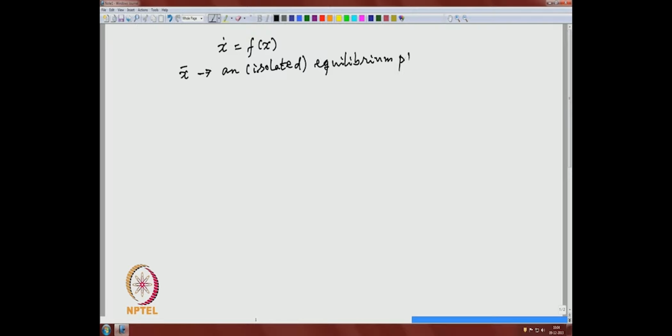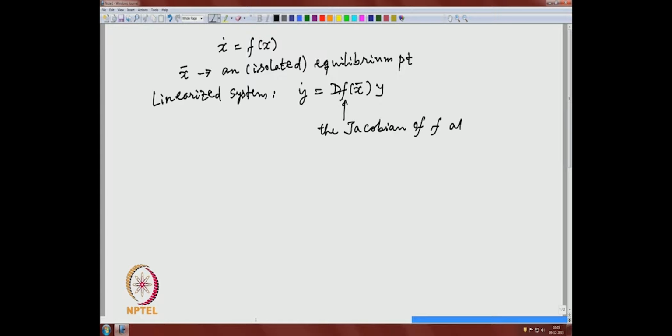It is an equilibrium point, and then the linearized system is given by y dot equal to df(x bar) y, and this is the Jacobian of the vector f at x bar. So, it is an n by n matrix.